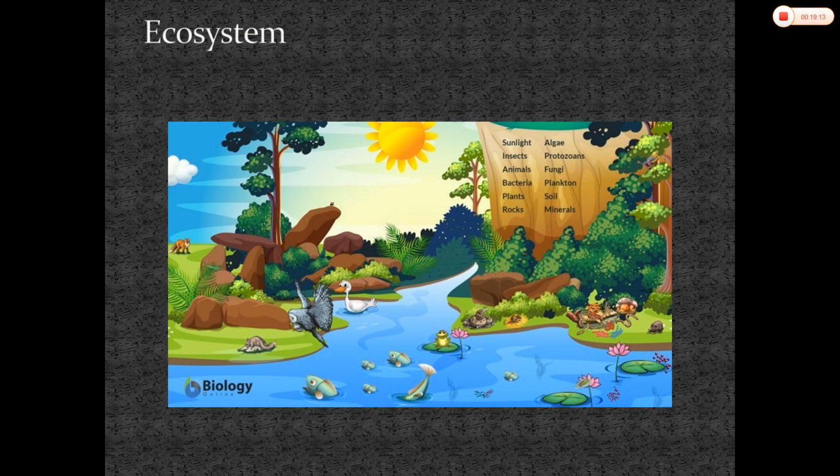So here you can see the ecosystem. Which things are there? Sunlight, insects, animals, bacteria, plants, rocks, algae, protozoans, fungi, plankton, soil, minerals. All these things are part of the ecosystem. Nothing is outside the ecosystem.